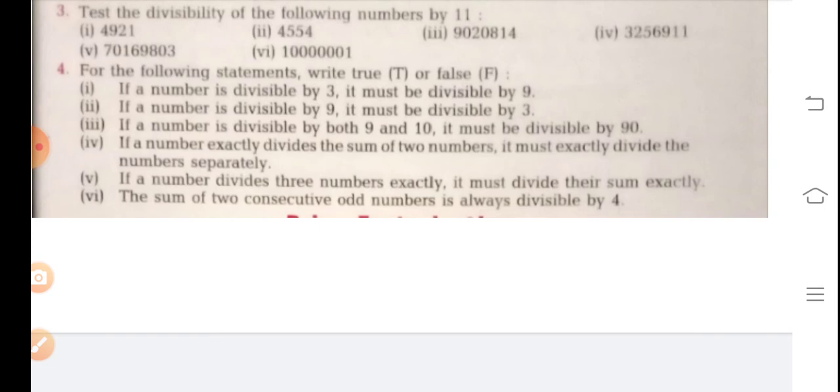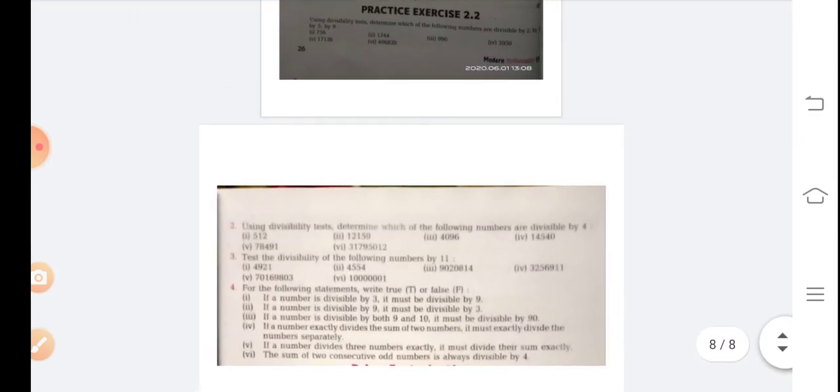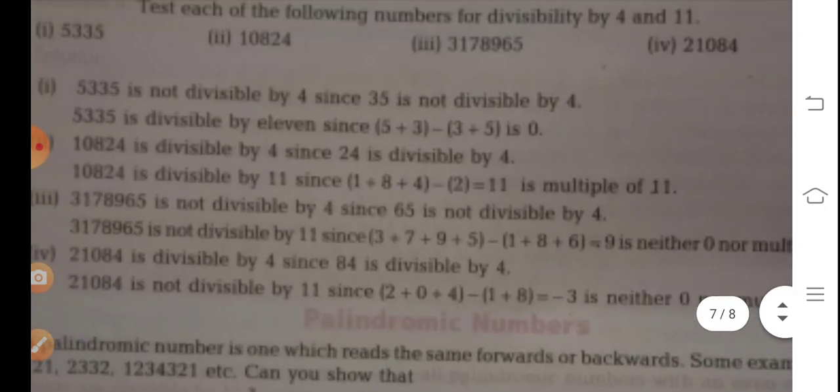Because that's the divisibility rule. Next, sixth question says, the sum of two consecutive odd numbers is always divisible by 4. Yes, that's right.